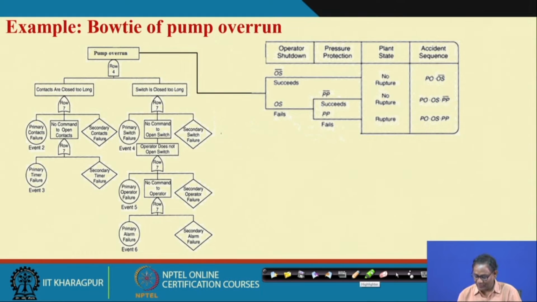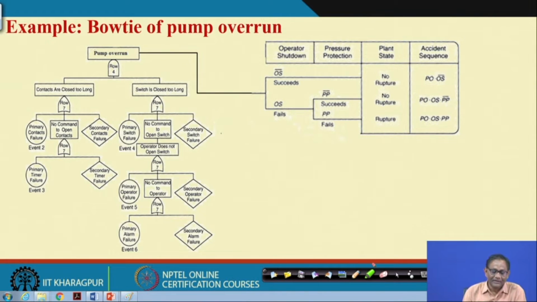So, here we are again relying on the system, that is basically the pressure tank system. Here I have intentionally created the top event as pump overrun, because we think that the tank rupture is basically the accident state. So it is better to work on pump overrun, because if pump overrun can be minimized or eliminated, that overpressure condition can be eliminated, and the tank rupture will not happen because of that deviation or overpressure.